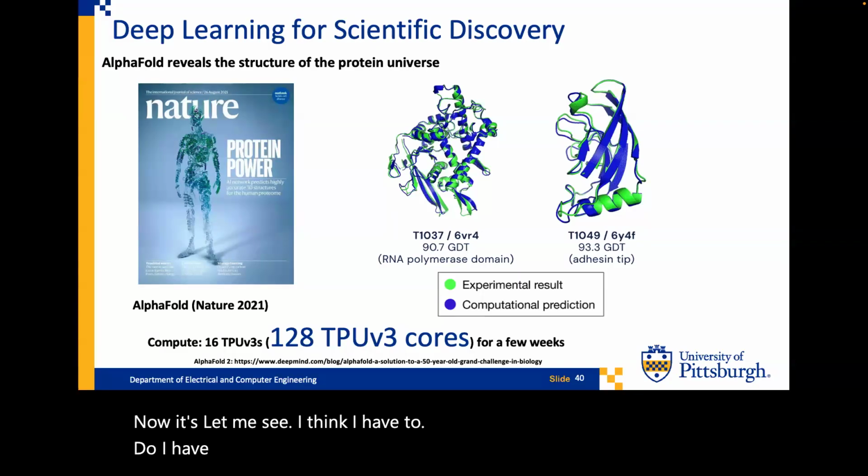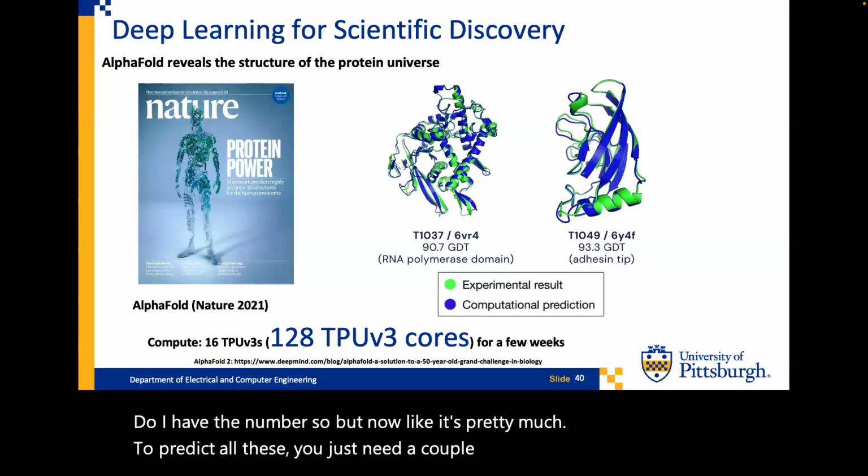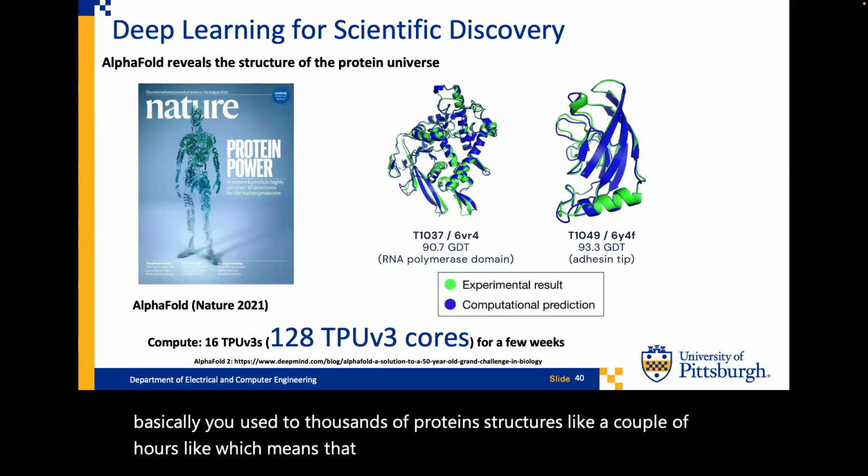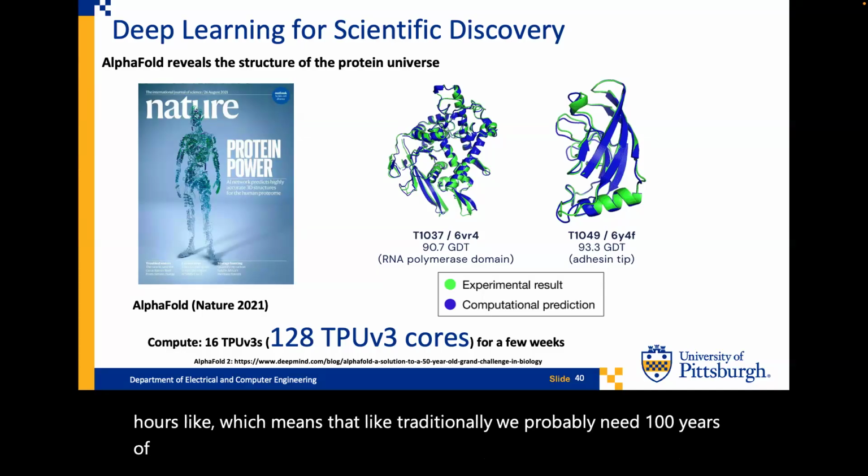But now, to predict all these proteins, you just need a couple of hours. Thousands of protein structures in a couple of hours, which means that traditionally we would probably need 100 years of measurement and expensive investment in equipment.